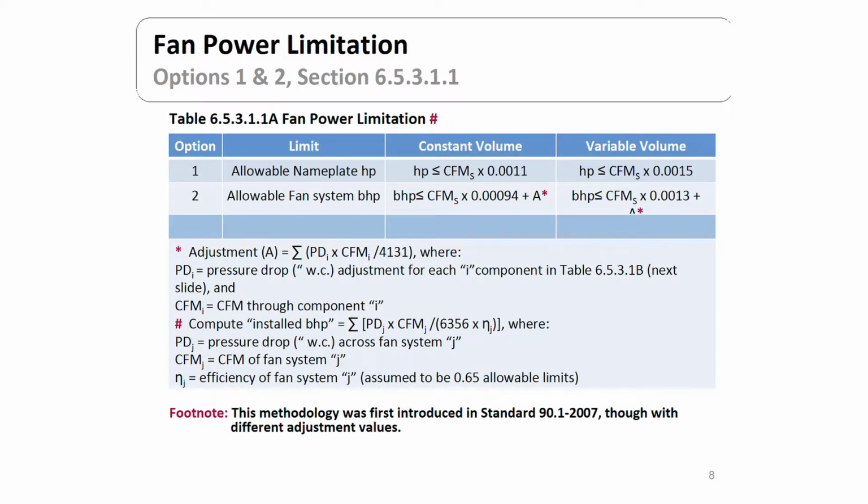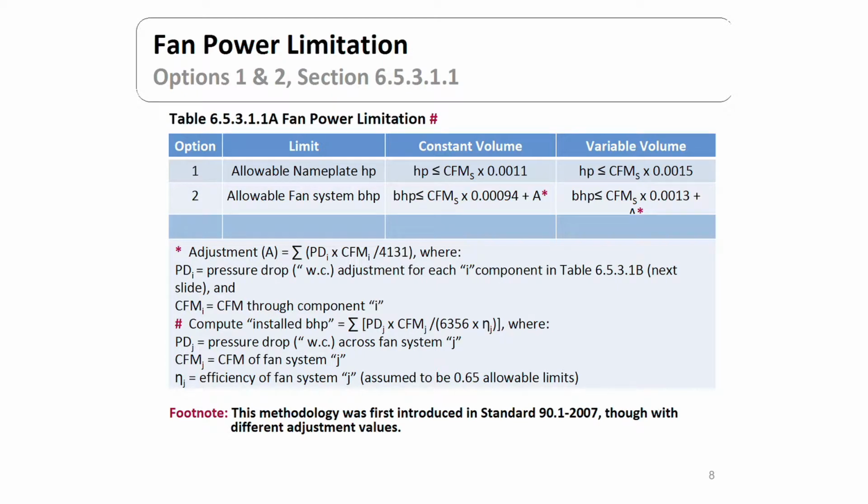In that equation, we have the summation of the pressure drop times the CFM divided by an efficiency factor 4131. To compute the installed brake horsepower, you use the same equation, but instead of the 4131, you use 6356 times the efficiency of the fan.